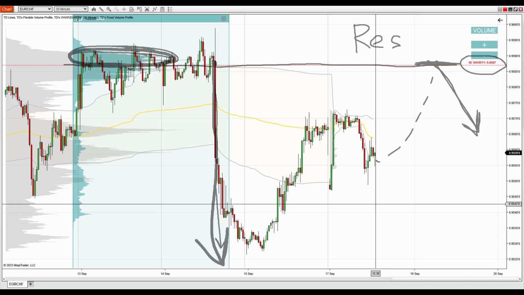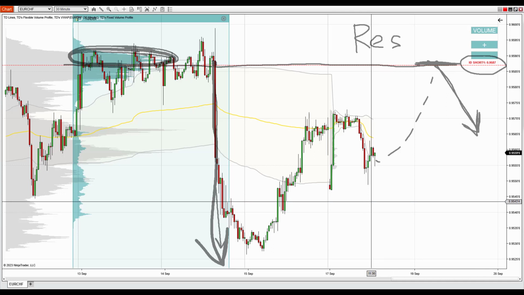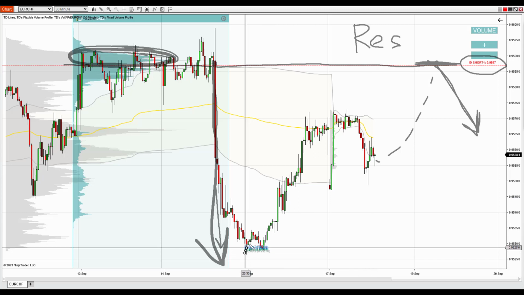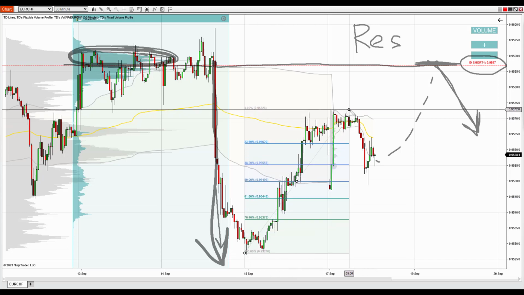Now there's one more thing that I would like to show you here with this chart. Maybe you remember a couple of days back I showed you a strategy. It was called ABCD strategy, a price action strategy. And with this strategy I used Fibo tool like this to identify places where the price should turn.